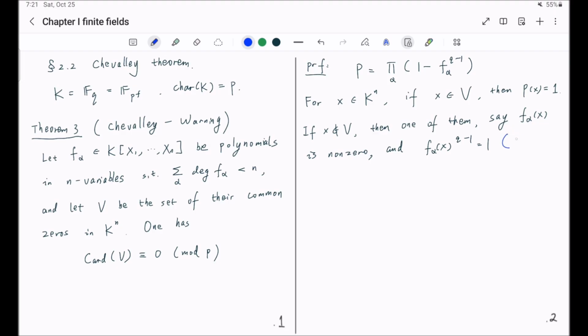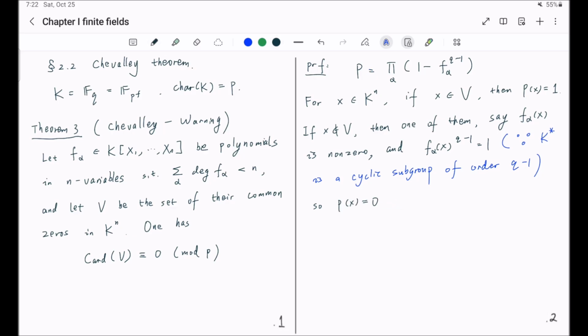This is because K star is a cyclic group of order q minus 1. And therefore, that particular factor is equal to 0. So P is equal to 0 at this x.